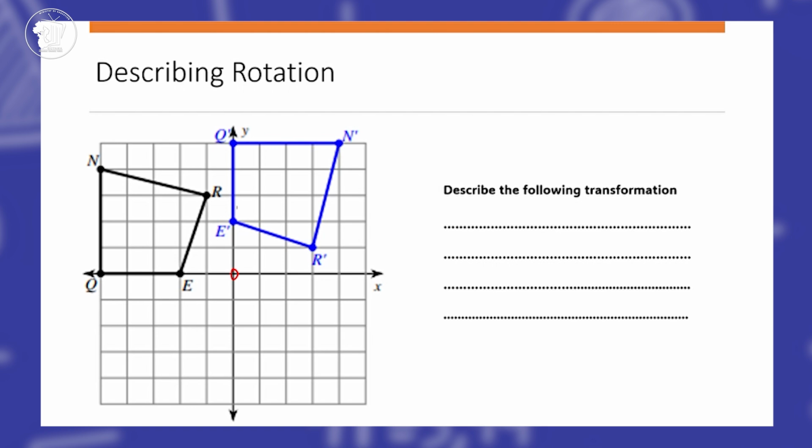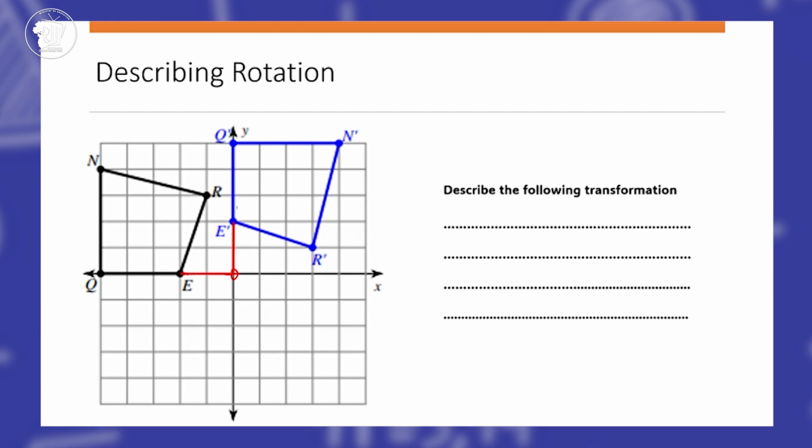So we draw a line from E to the center of rotation, and then a line from the center of rotation to the image. And then we measure the degree by which this rotation occurred. We can measure this here, and we don't even need a protractor. We see that this here is 90 degrees, or we can consider it 270 degrees in the other direction.